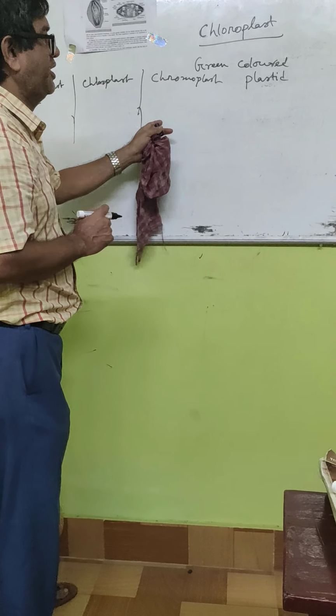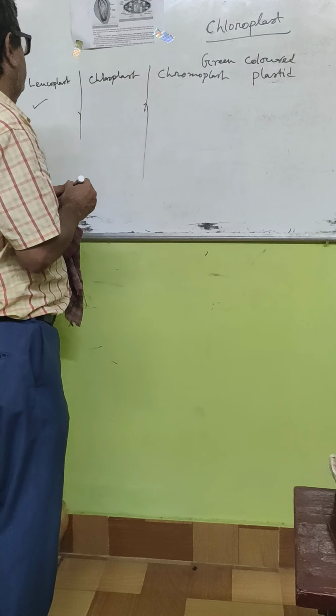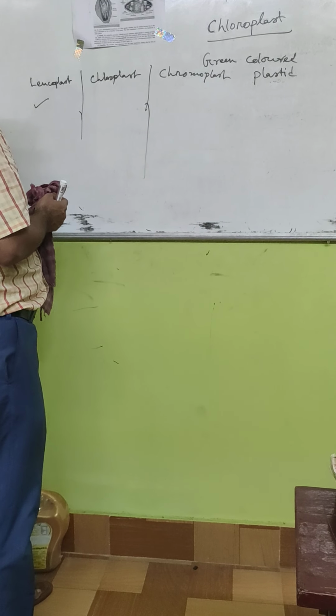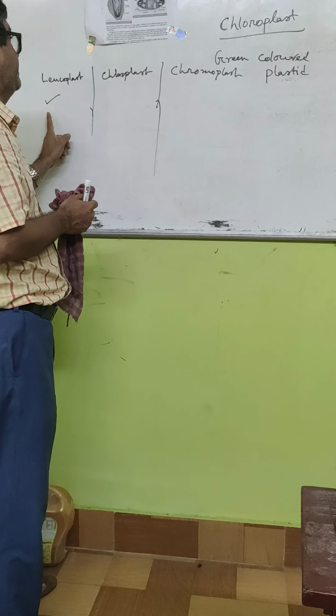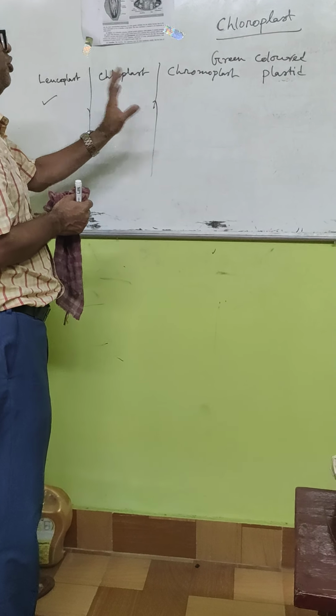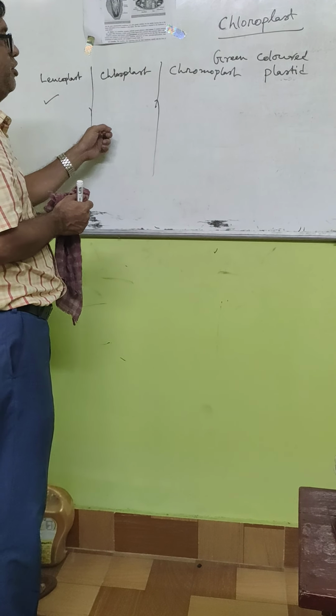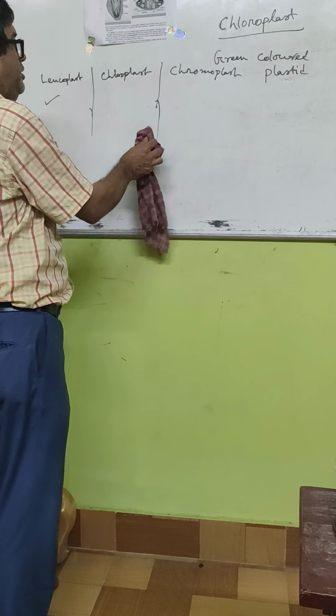The function of chromoplast is the formation of colors in flowers, fruits and leaves. Leucoplast can change into another type of plastid, maybe chloroplast or chromoplast. Chloroplast can also change into chromoplast, but chromoplast will never change.